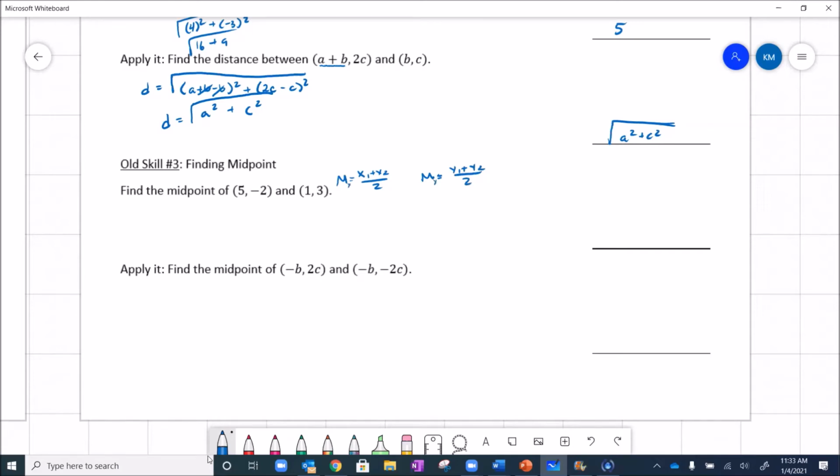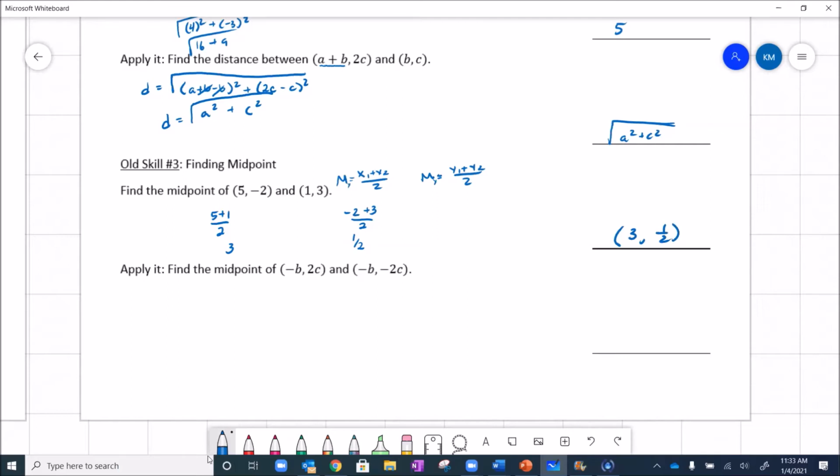So when we're asked to find the midpoint of these 2 points, (5, -2) and (1, 3), we'd say 5 plus 1 over 2. 6 over 2 is 3, so our x is 3. Then -2 plus 3 over 2 gives us 1 over 2, or 1/2. So our x midpoint is 3, our y midpoint is 1/2, and so our midpoint is (3, 1/2).